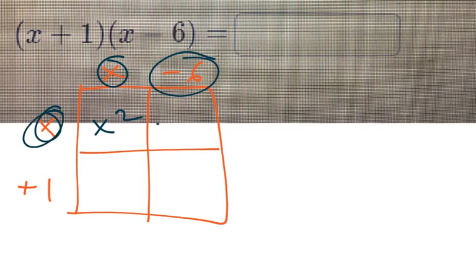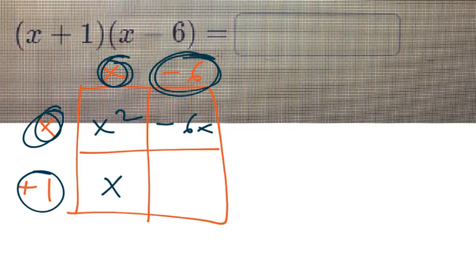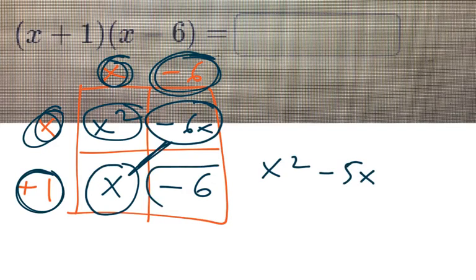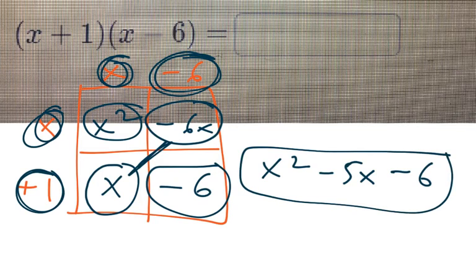Minus 6 times x is minus 6x. x times 1 is 1x. Minus 6 times 1 is minus 6. So I have x squared here. I'm going to take the minus 6 and the plus 1 and get minus 5x. And finally, my constant is minus 6.